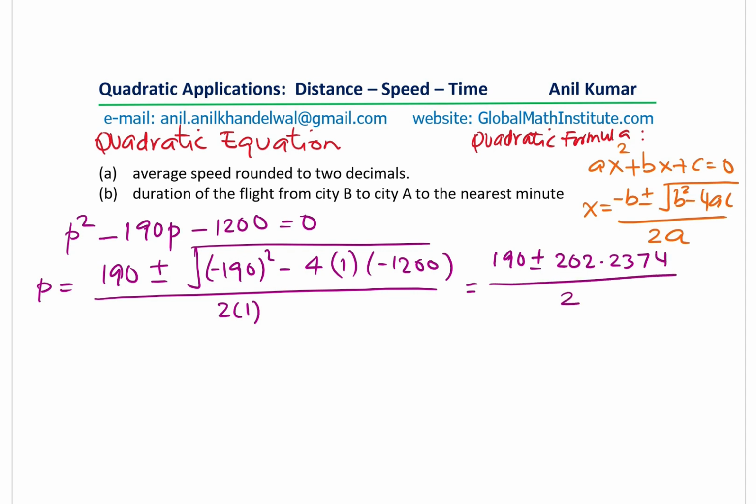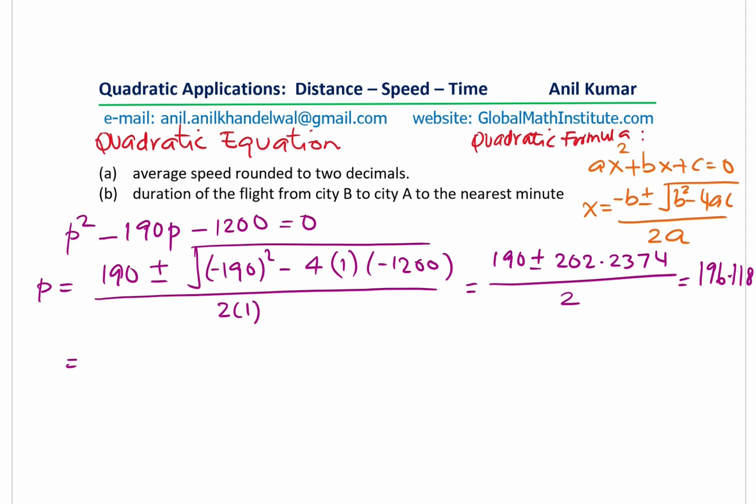So the plane speed is positive, so we'll take the addition part of it, correct? So there are two values, but the negative value is not valid, correct? So we'll add 190 and then divide by 2 to get the speed of the plane, which is equal to 196.118, right? So that is the plane speed which we get.